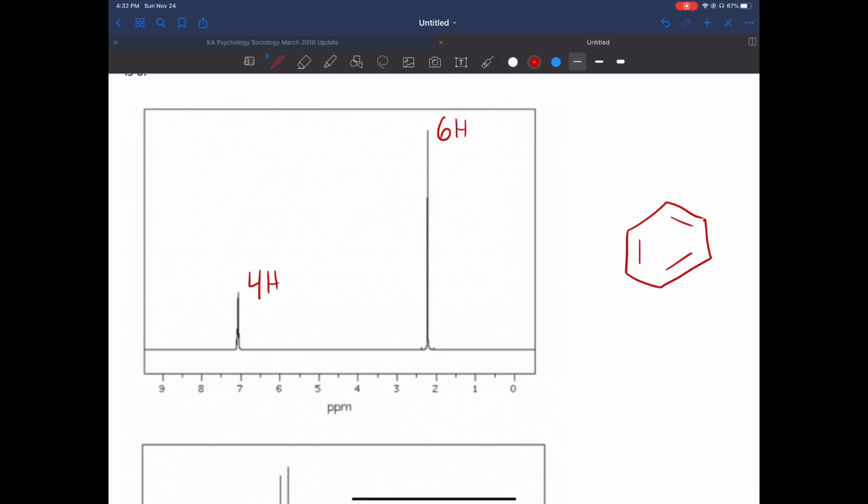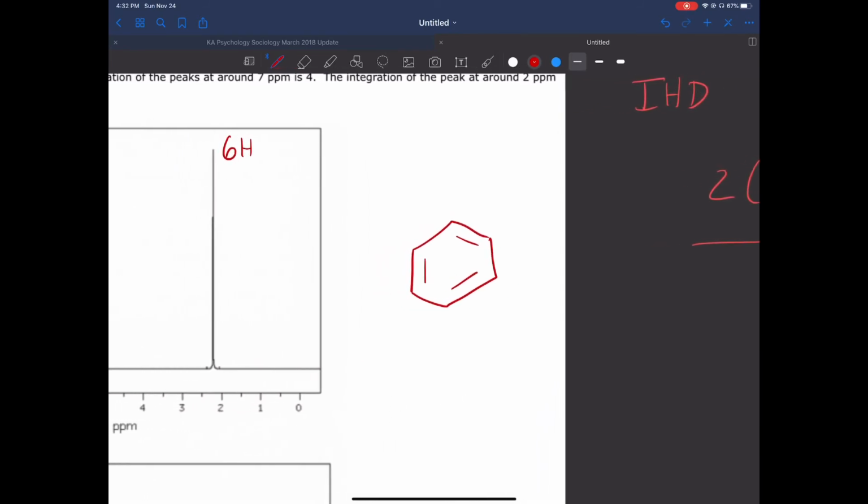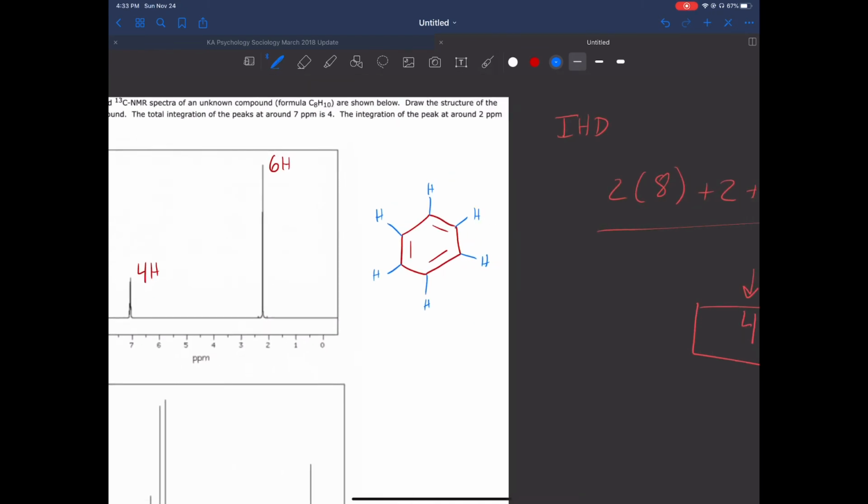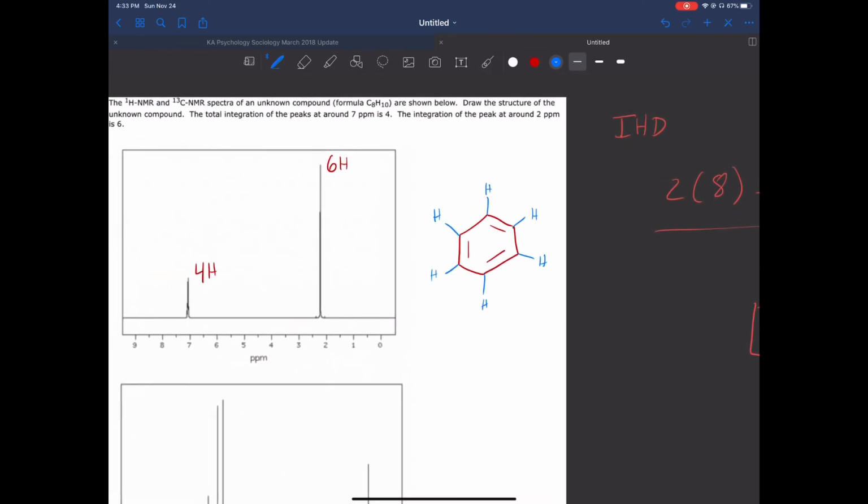That means that on our benzene, we need to have 4 hydrogens. As is, the benzene has 6. I draw it 1, 2, 3, 4, 5, 6. There are 6 peaks on our benzene, 6 hydrogens on our benzene, right? So the integration is telling us how many hydrogens that peak represents, right?